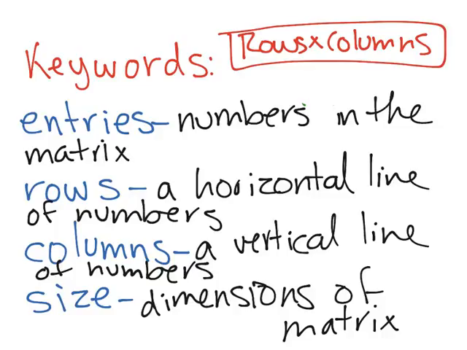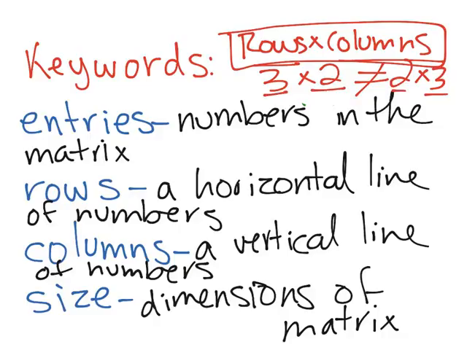You must remember that first it's the rows and second is the columns. If you have a matrix that is 3 by 2, this is not equal to a matrix that is 2 by 3. You must always keep the same order: the rows first and the columns second.